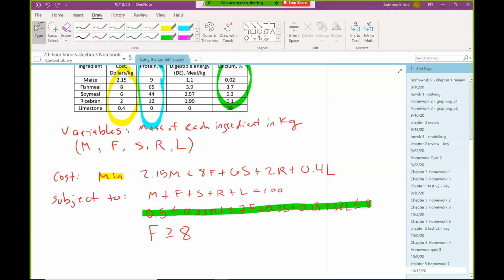So that's close. We're also going to need the percentage of protein for each of them factored in, right? Because each of their masses is not straight protein.